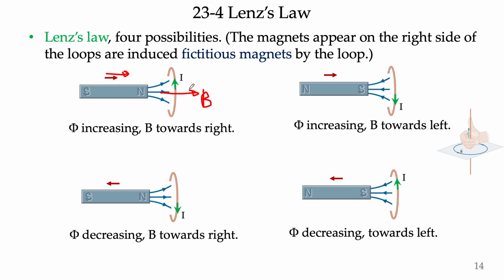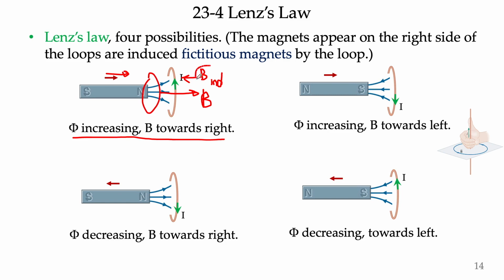Because the flux is increasing and B is towards the right, the loop will try to create its own induced magnetic field, and it's going to be to the left to oppose this incoming magnet.